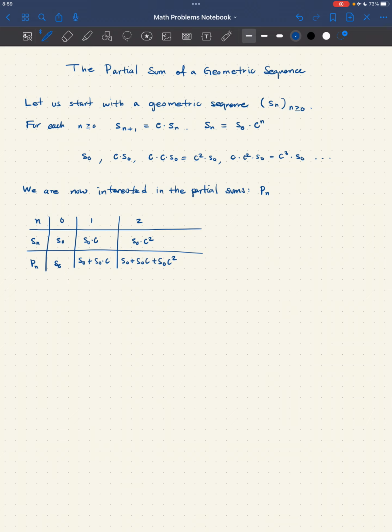And well, let me just get one more. We have S0 times c cubed. But now we would have S0 plus S0c plus S0c squared plus S0c cubed. We expect that the pattern is going to continue in this fashion because we're just adding the last term.